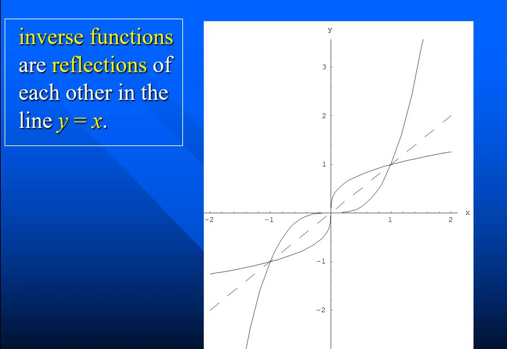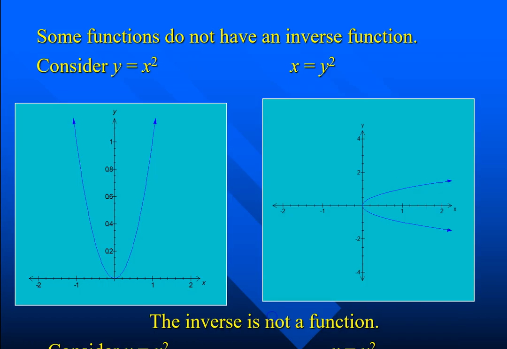The inverse functions, like it's saying there graphically, are a reflection of one another in the line y equals x. And we do lots of graphing, so you'll get quite used to that. Some functions don't have an inverse function. So while we could consider y equals x squared, and algebraically we can create x equals y squared, x equals y squared is not a function, because remember, for something to be a function, it must pass the vertical line test.